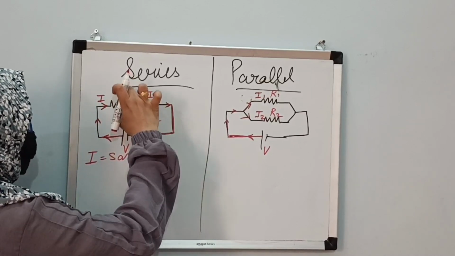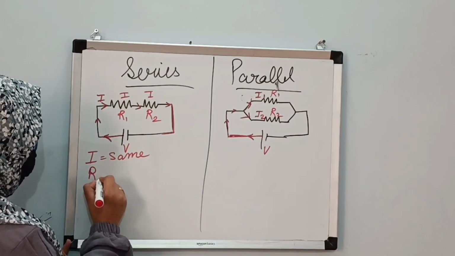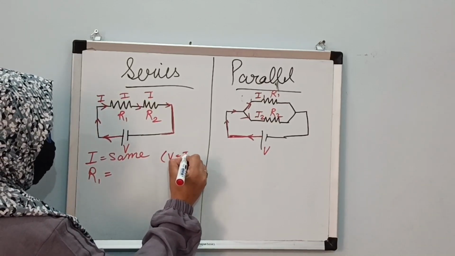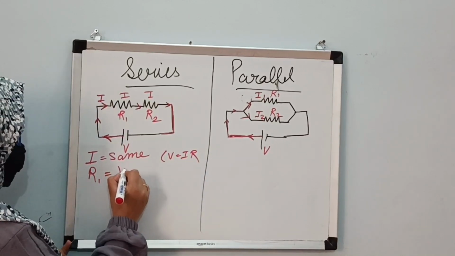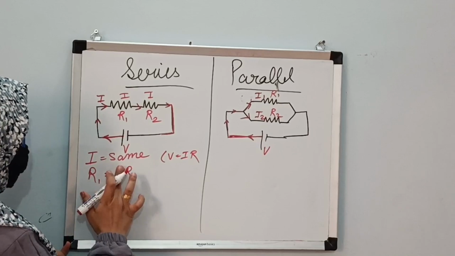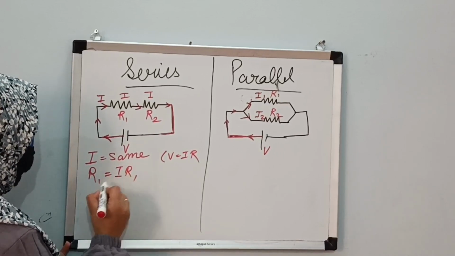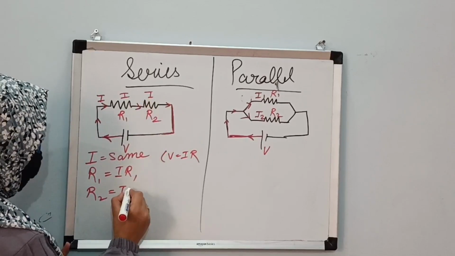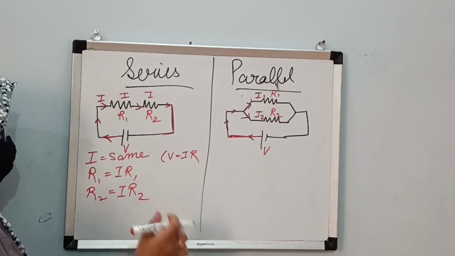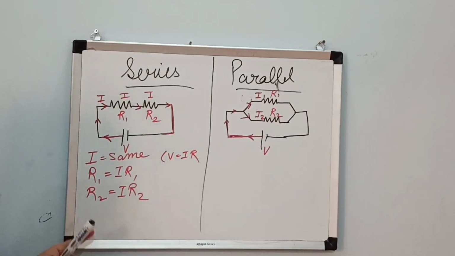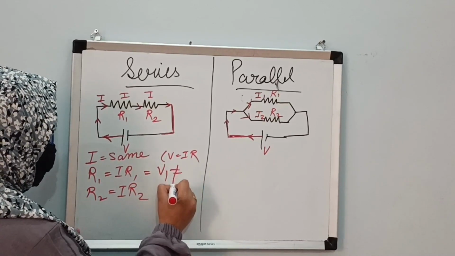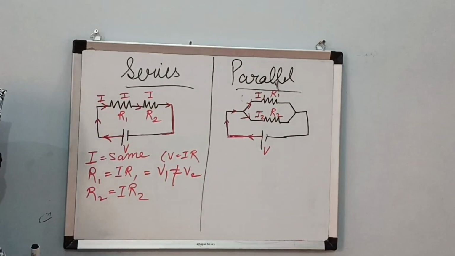Why? इस रेजिस्टर R1 में पोटेंशियल डिफरेंस कितना होगा, we all know ना कि V इज इक्वल टू I R. तो R1 से पोटेंशियल डिफरेंस कितना जाएगा, I R1, और R2 का पोटेंशियल डिफरेंस कितना होगा, across R2 it will be I R2. Since R1 and R2 is not same, R1 R2 सेम नहीं है, therefore V1 is not equal to V2, है ना.